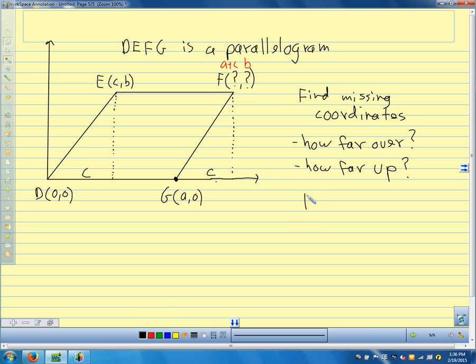So the coordinate F is at the point A plus C, comma, B. How far over? A plus C. How far up? B. We go over A to get here, another C, and then I go up B. All right, questions there?